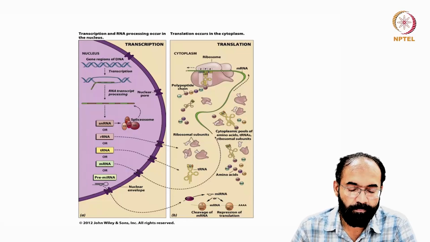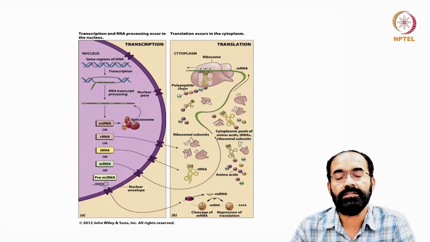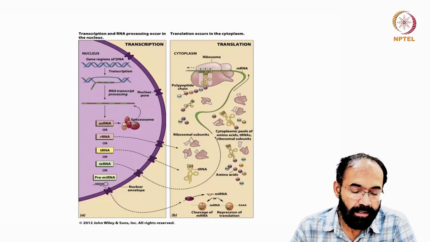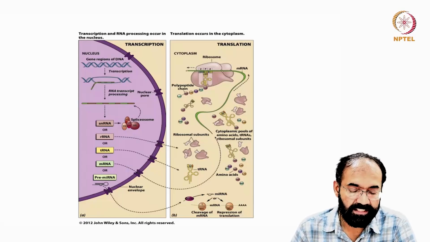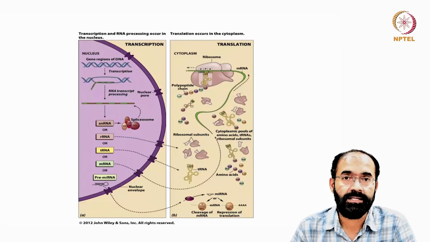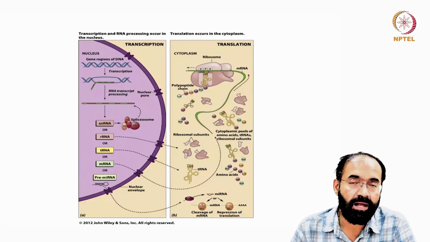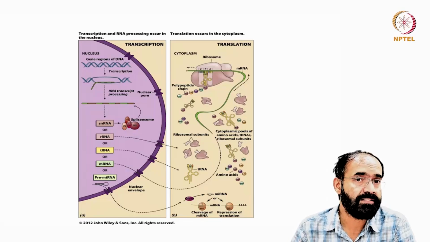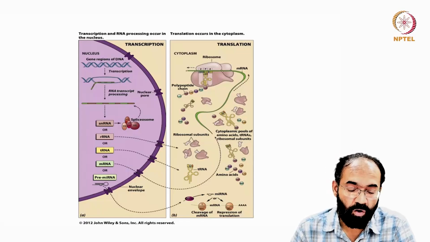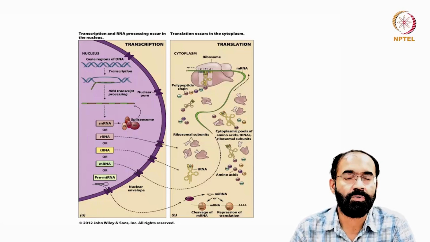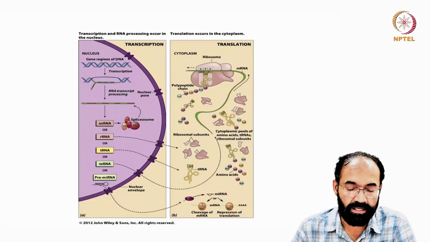So the nuclear pore complex functions in a quite stringent and systematic manner to regulate the movement. Any mRNA present in the nucleus cannot go to the cytoplasm unless it passes the test of the nuclear pore complex.